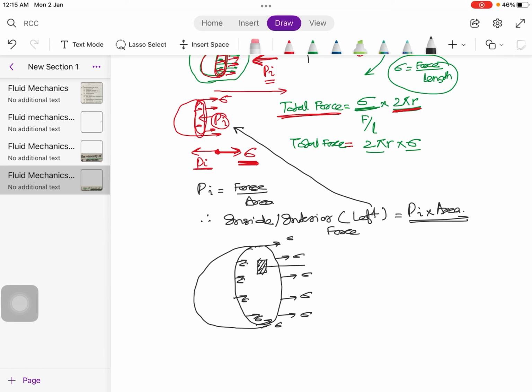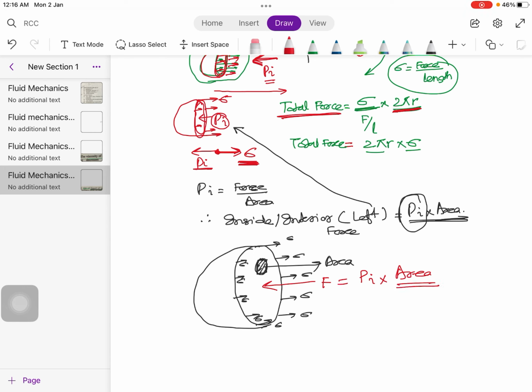Suppose this is a unit area inside this water droplet. Every unit of this area is experiencing a force which we have denoted as the inside pressure. Therefore, this opposing interior force equals the inside pressure times the area.